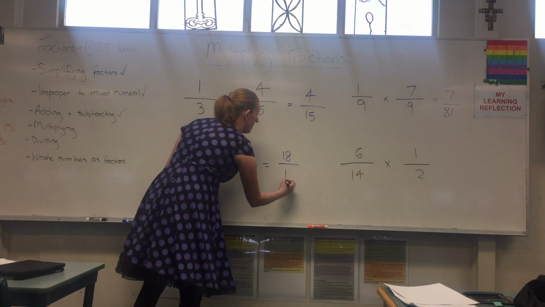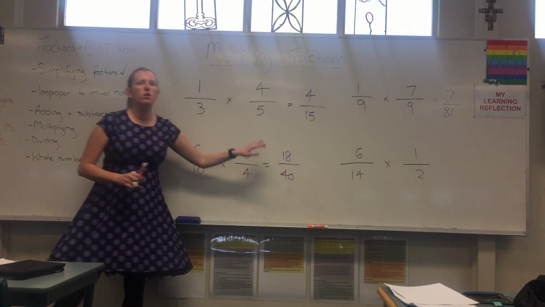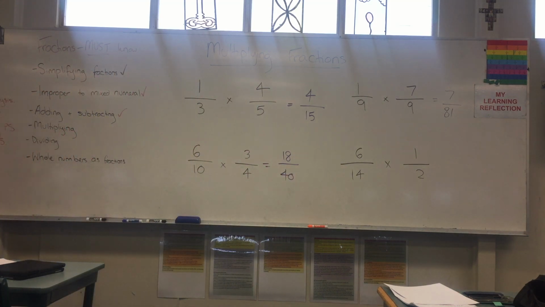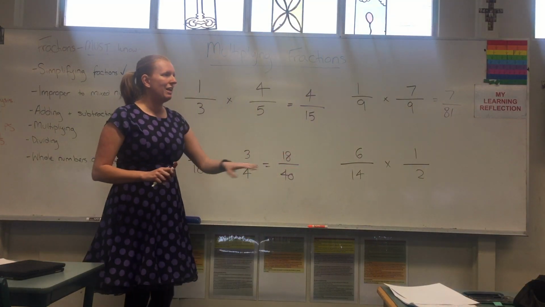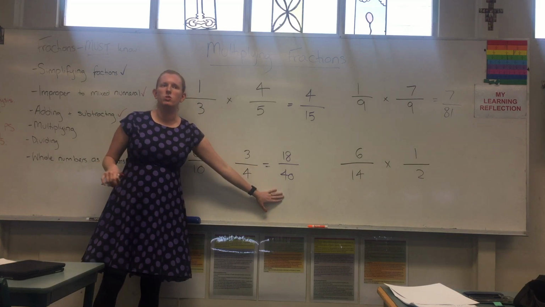Fantastic. But first, what do you notice about that answer? You can simplify. Beautiful. Because the number on the top and the number on the bottom are even, it means the number 2 will divide in. So, generally, if you can simplify, you should.